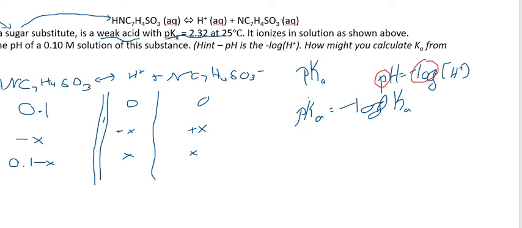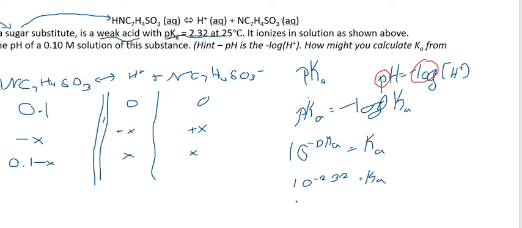So now I can rearrange this to solve for Ka as 10 to the negative pKa is equal to my Ka. So in this case, it is 10 to the negative 2.32 is equal to Ka.